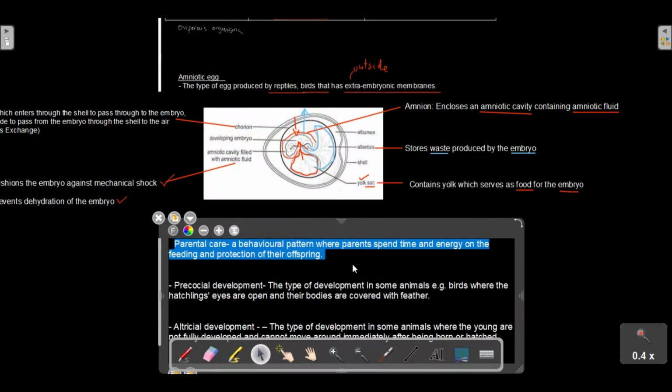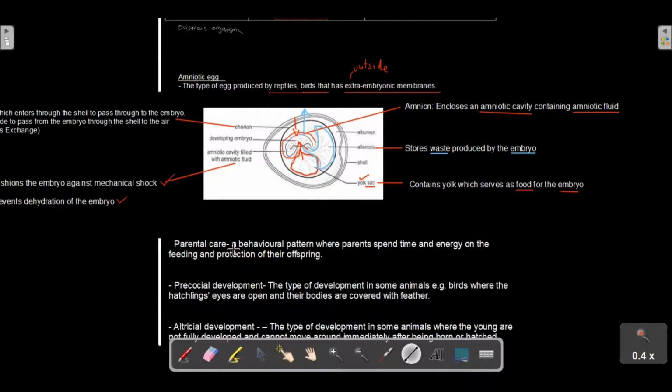Parental care is really simple. It's a behavioral pattern that organisms start to implement when they have offspring. It's a behavioral pattern where parents spend time and energy on the feeding and protection of their offspring. Not all organisms practice parental care. Some do not implement it, but some of these organisms actually do.